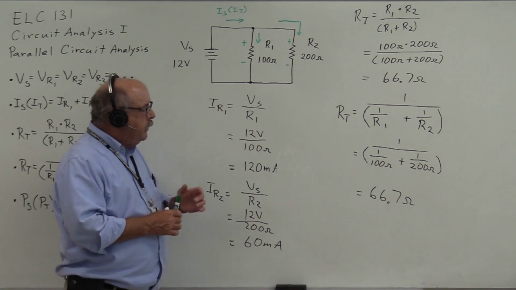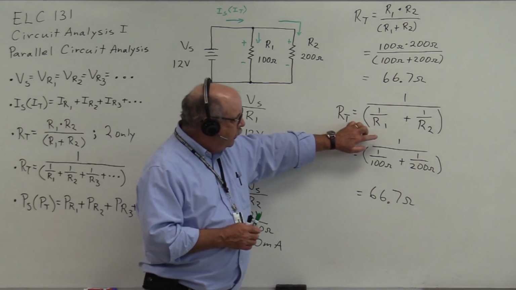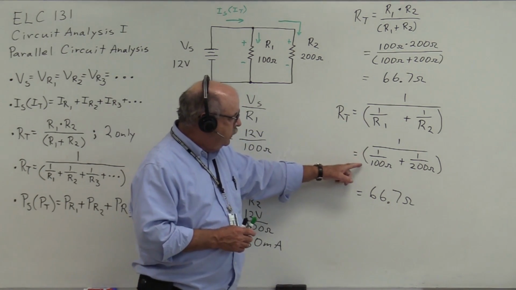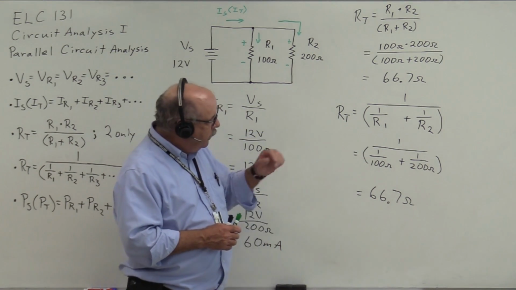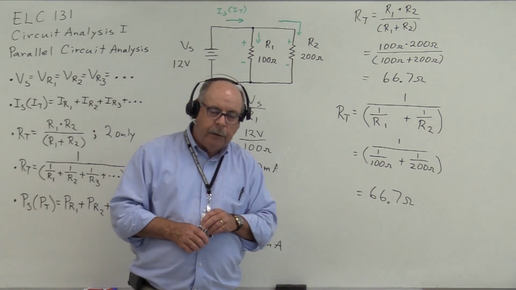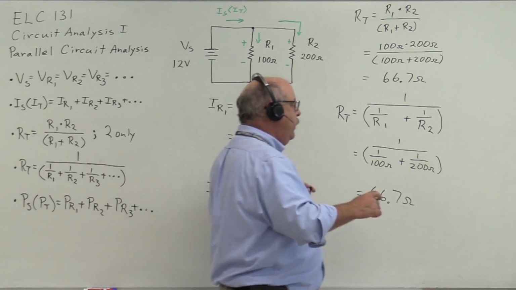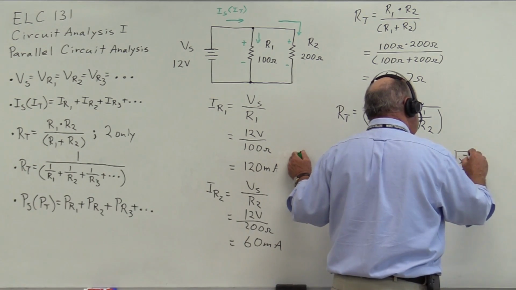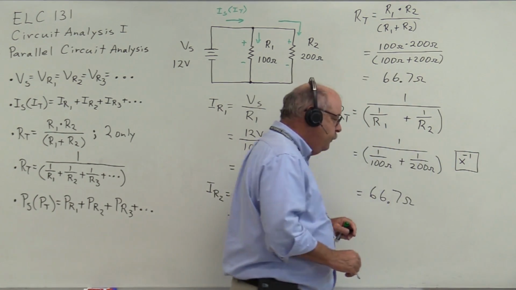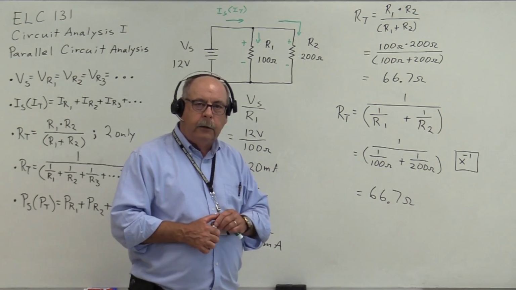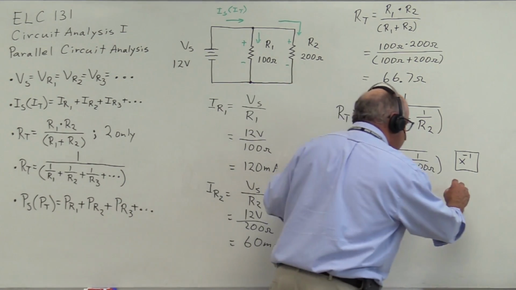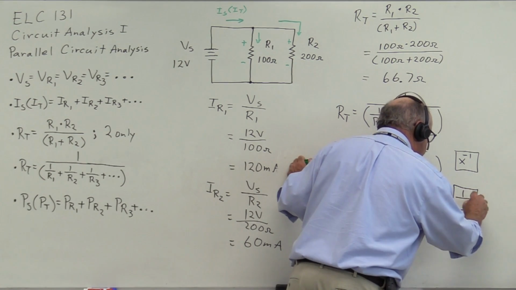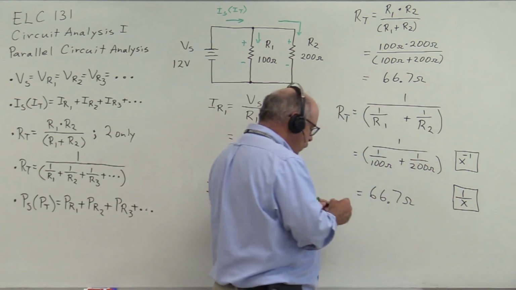Now, when you enter this into your calculator, you can type this in as 1 divided by, parenthesis, 1 divided by 100 plus 1 divided by 200, or you can make use of the x to the negative first key that's on your calculator. Your calculator may also have a key that simply shows you 1 over x. Either way.